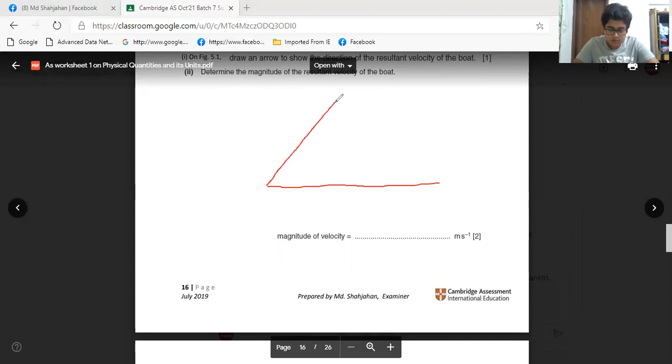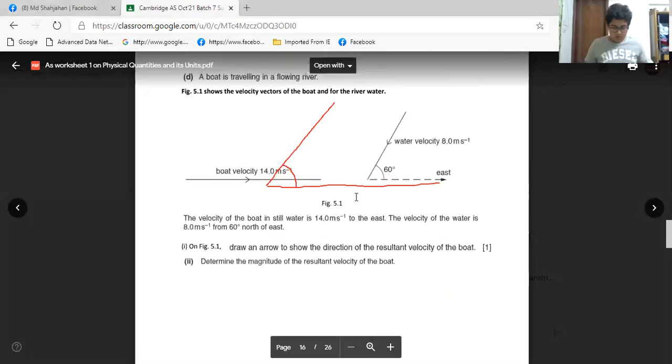So here I'm drawing. Look, you just draw approximately, and this one is 7 centimeters with your ruler when you draw.